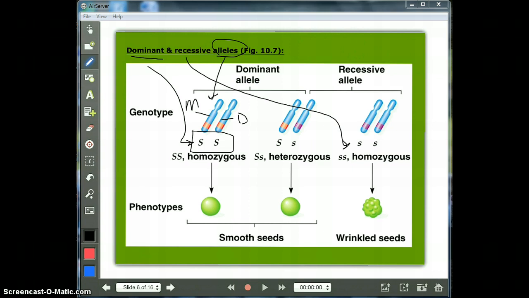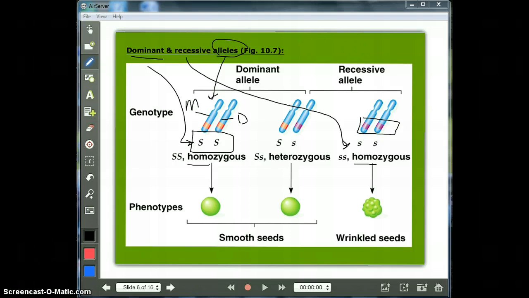They both had capital S's, the same trait. Being that they're both capital, both the same, they are homozygous. But if this one over here was you, and you got two little ones, they're both the same still, but being that they are little, they are going to be the recessive trait.